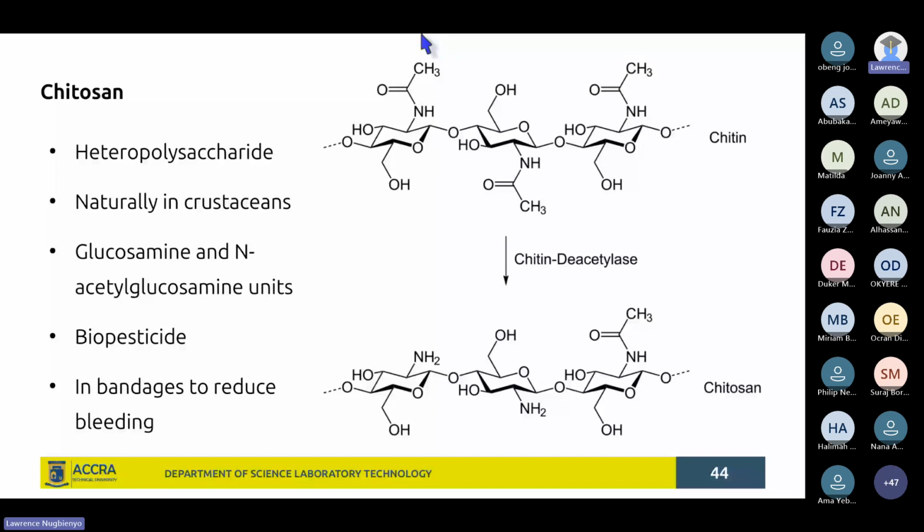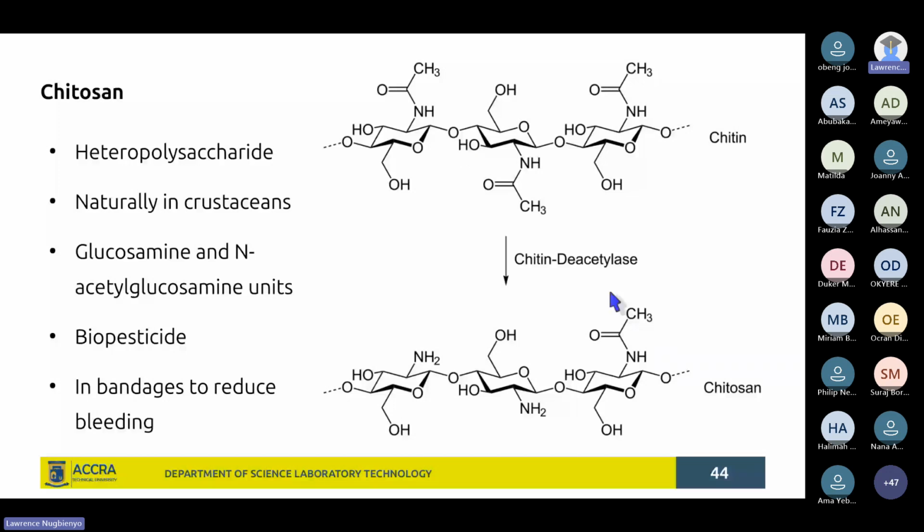So chitin is made up of N-acetylglucosamine. And just deacetylation, that is when you have some of the acetyl groups removed from the molecule, so that you have a chitosan.